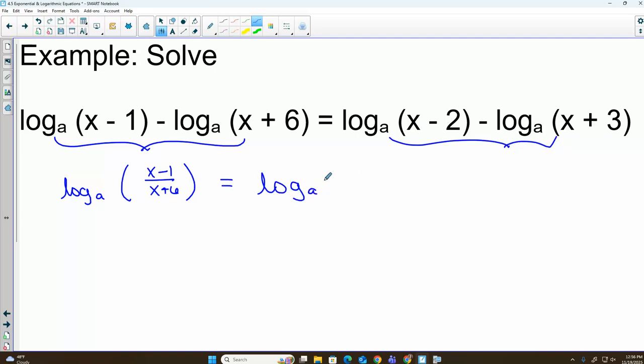So we again do division. Log base A of x minus 2 over x plus 3. Now what? We have one log on each side, so we drop it. So if the log is on both sides, you just drop it. If it's only on one, you have to change it into exponential.